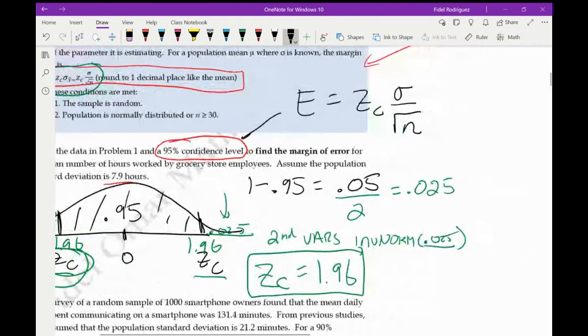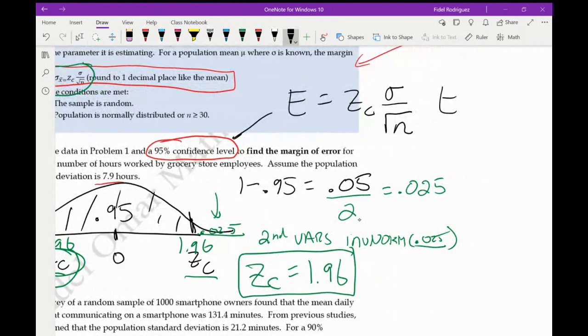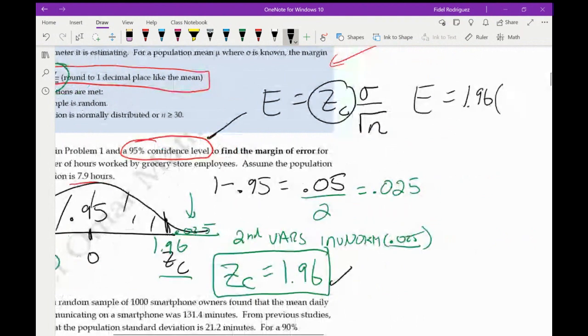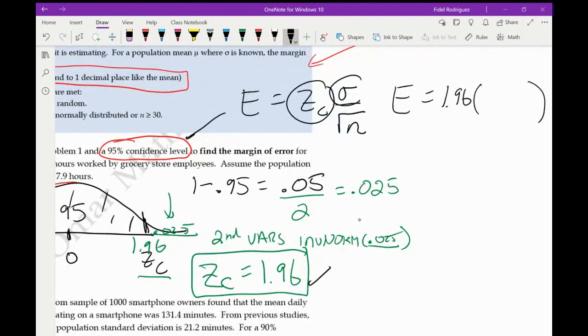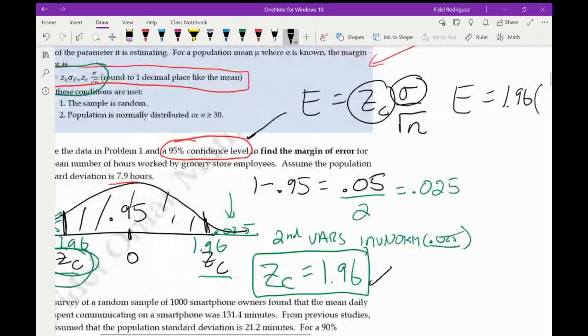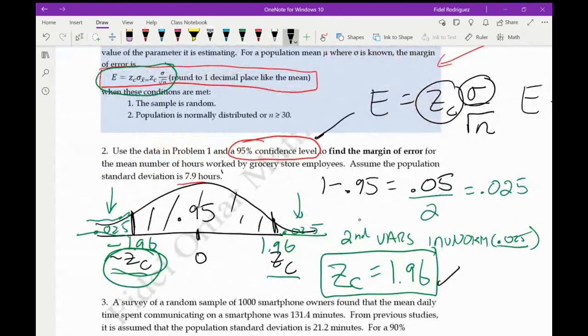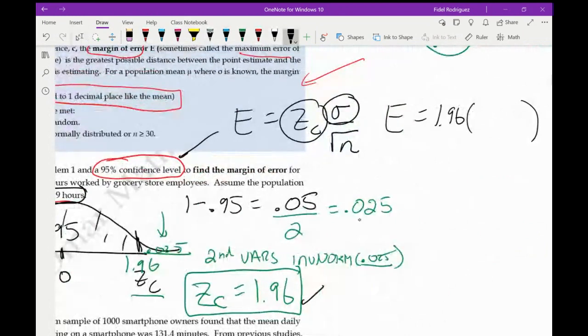So for this particular problem, do we already know our zc value? Yeah, we just came up with that number. That was 1.96. And the second thing is, do we know our population standard deviation? They gave that to us too. They said that number was 7.9. So I'm going to put a 7.9 right here.